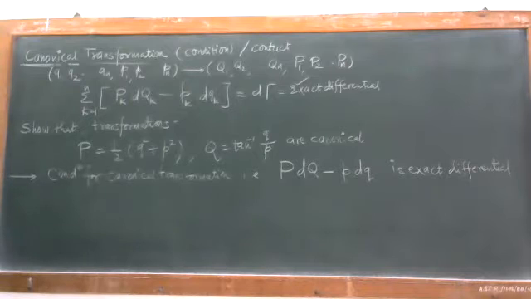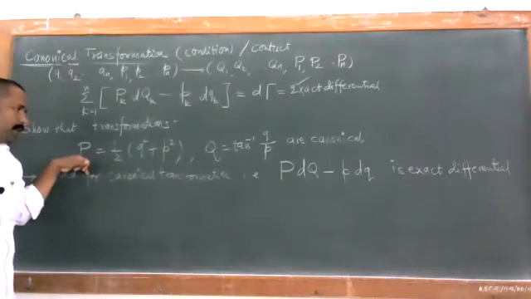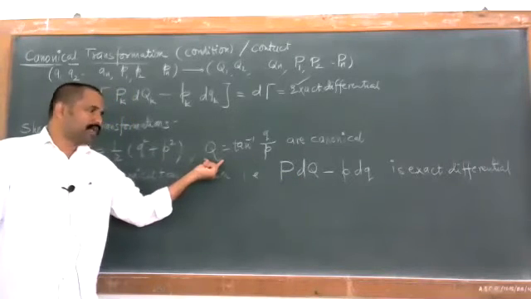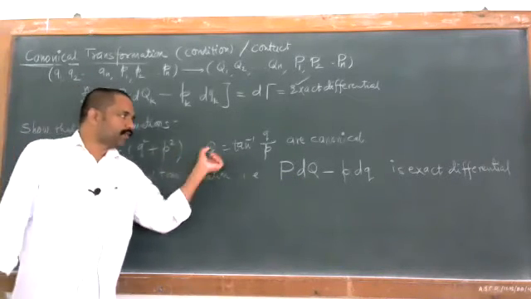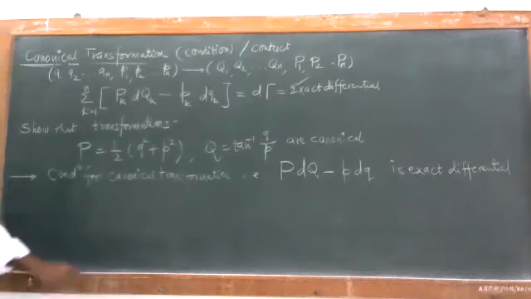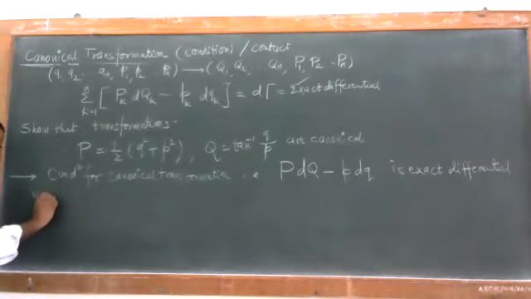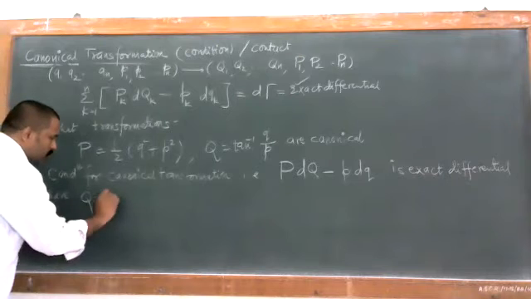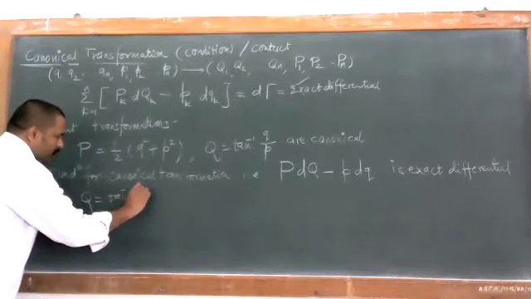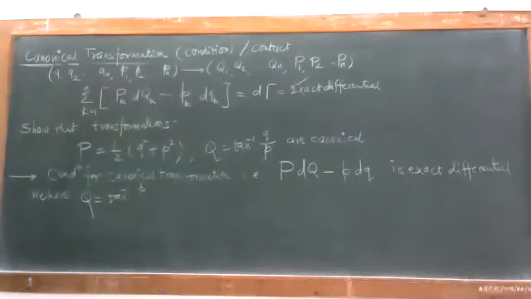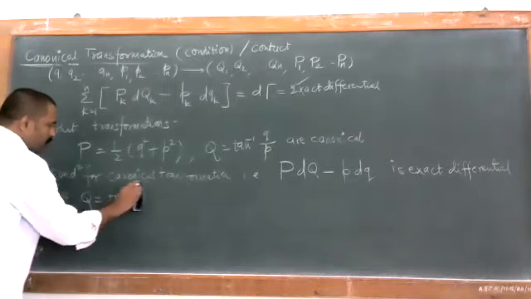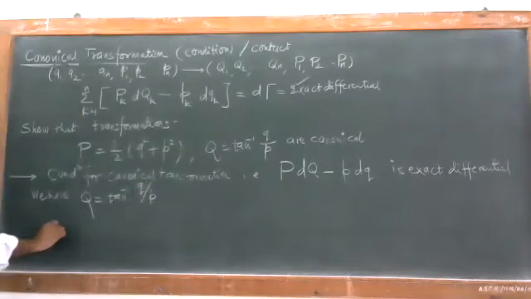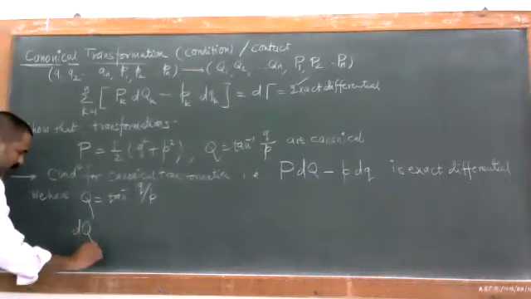So what do we want? We are given capital P, but we do not know dQ, though we have the value of Q. So we just have to find the derivative of this. We have capital Q is equal to tan inverse of q upon p, and therefore what is the value of dQ?